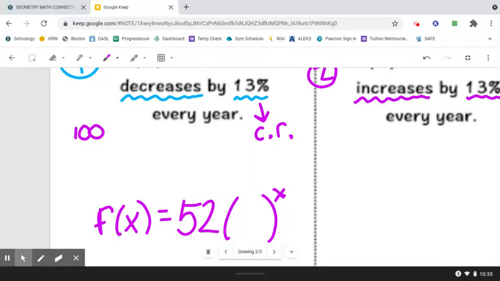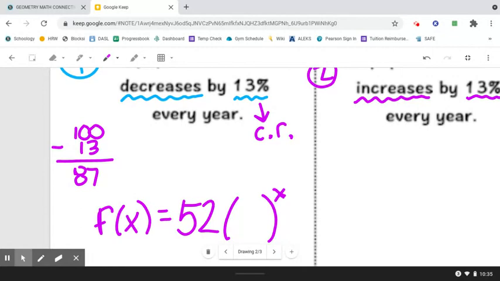But next year, we're going to go down by 13%. So I'm going to subtract 13% from 100%, and I'm going to end up getting 87%. Now remember, we need to write this as a ratio, and really we need to put this in decimal form.